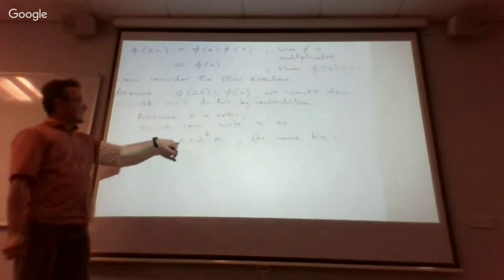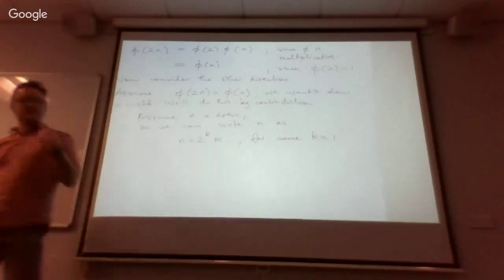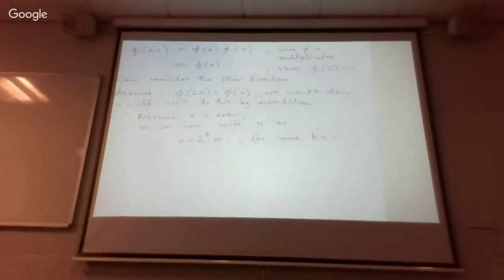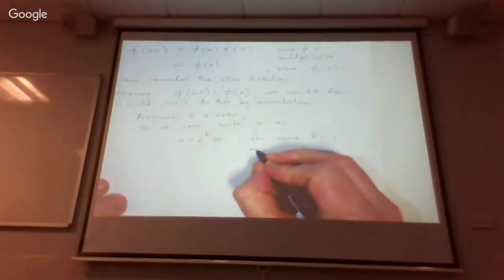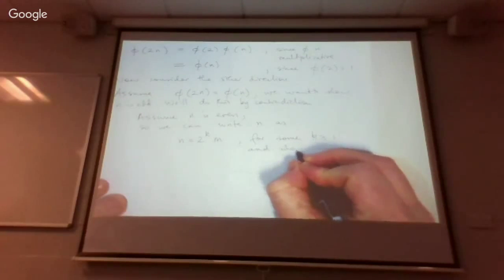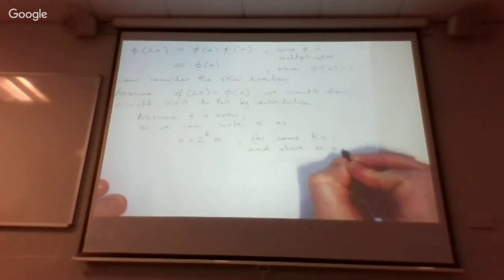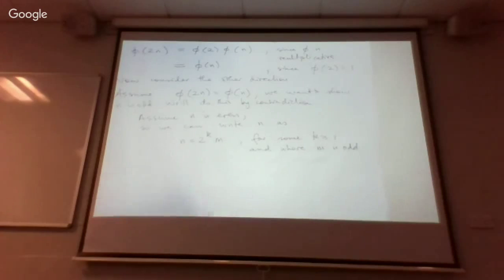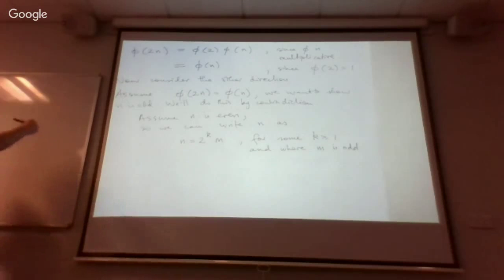We're assuming it's even, so it has at least one factor of 2 in it. So we'll assume we can write n as 2 to the power k times m for some integer k greater than or equal to 1. And we'll assume we've taken all the 2's out, and where m is odd. Okay, so we'll fully factor out all the 2's in it.